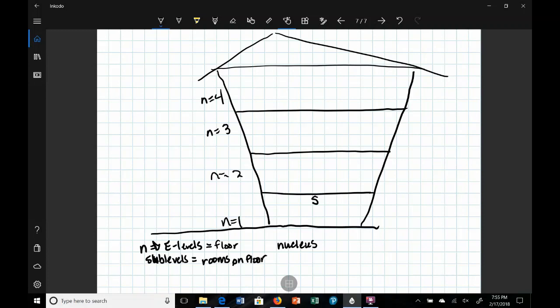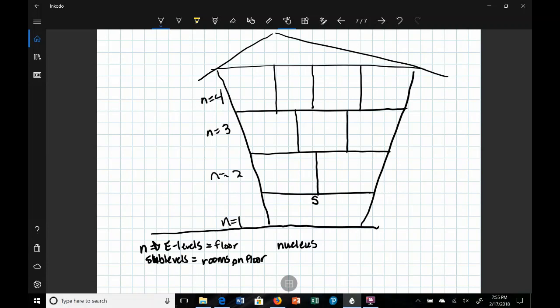Now, these floors are special because each floor has a number of rooms that equals the number of the floor. So on the first floor, we've got one room. Second floor, we've got two. We'll describe the rooms as we go.